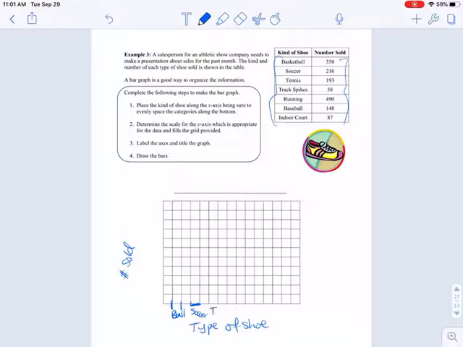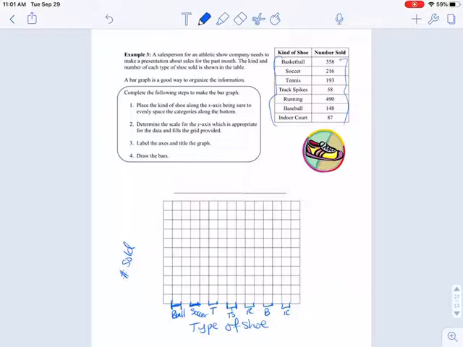This one's tennis. This one is track spikes. This one is running. And this is baseball. And this is indoor court. Okay, so each one of them gets their own separate bar separated by a column.